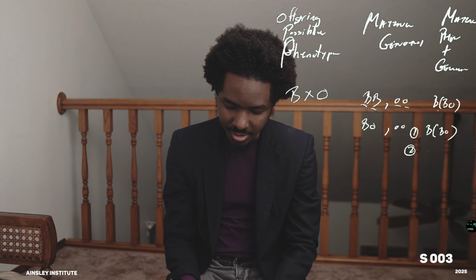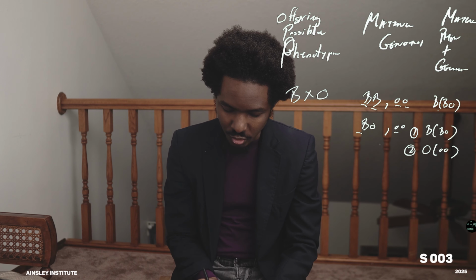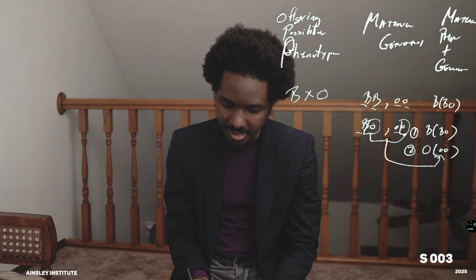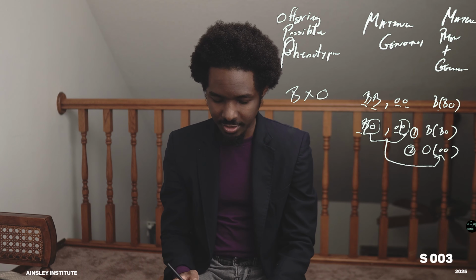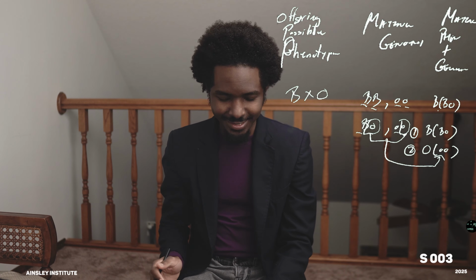This person can be BO, bam, that's number one, or this person can be an O. And the reason: B times O, O times O. So when there are two O's, that's the only time an individual can become an O person. All right, so that is beautiful.